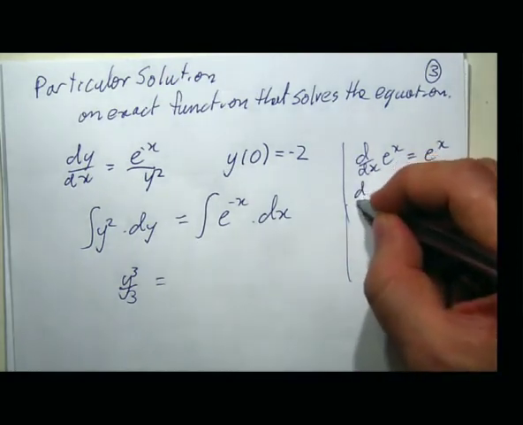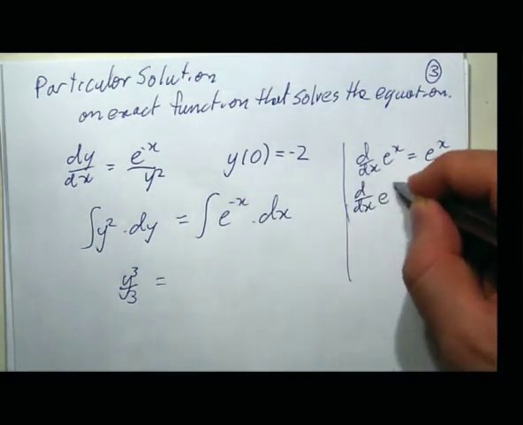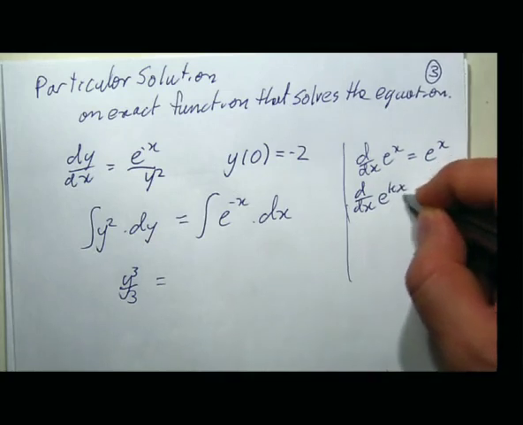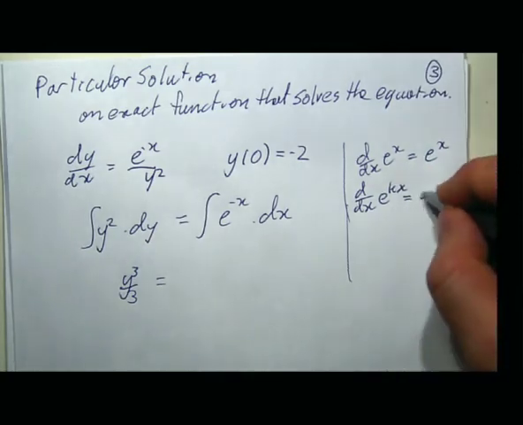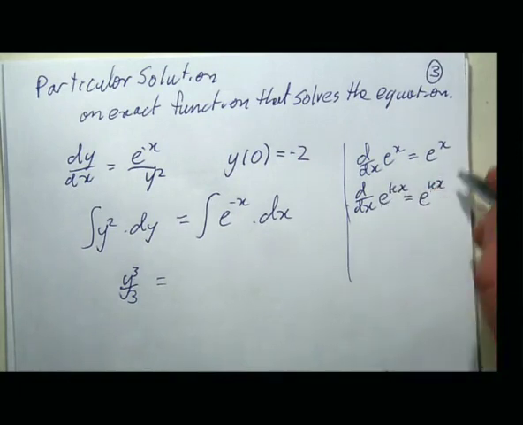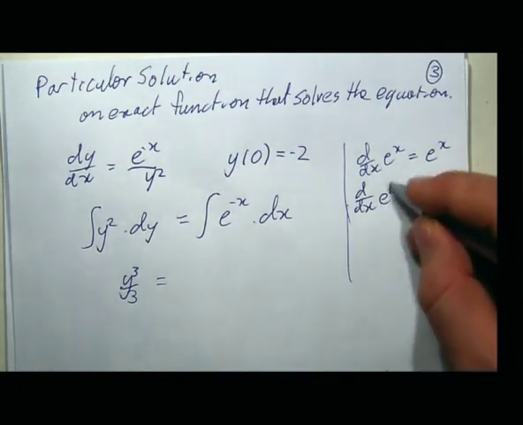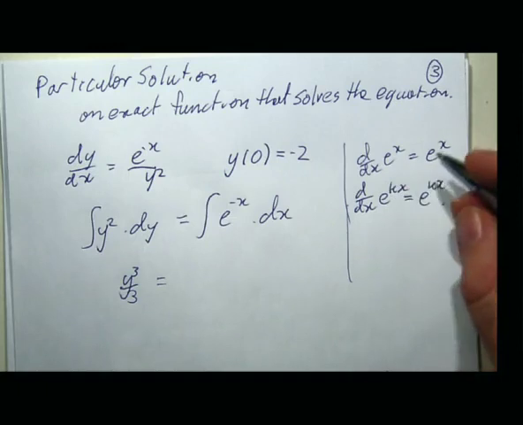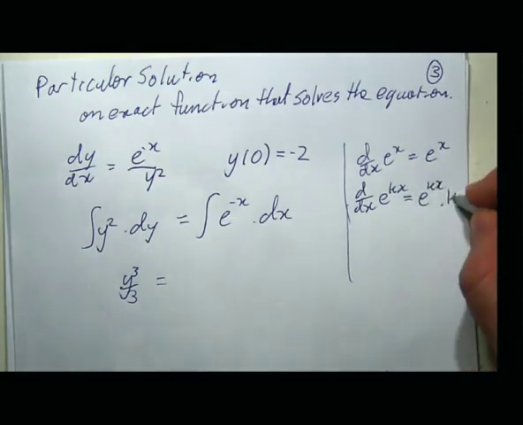If I differentiate e to the kx with respect to x, the chain rule says I get the function back, and I've got to multiply by the derivative of the inner function, in this case kx. And so the derivative of kx is just k.